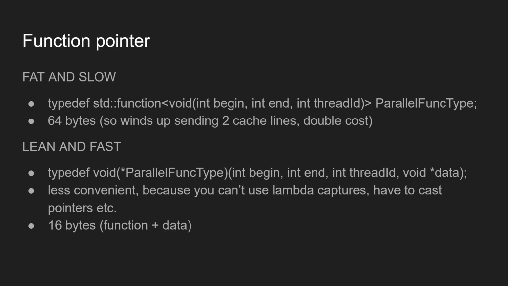This leaves a total of 48 extra bytes in a cache line that can be sent along to the worker thread. I hadn't realized this beforehand, but it turns out that if you have a lambda function that doesn't capture any variables, it will actually automatically decay to a function pointer. So you can still have the convenience of a lambda function just without all of the features.